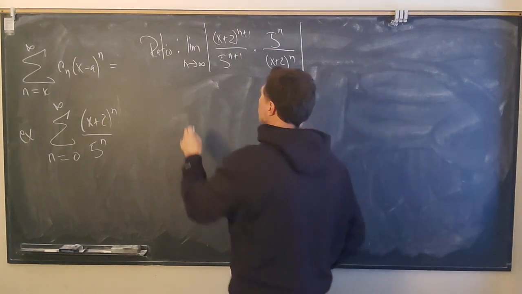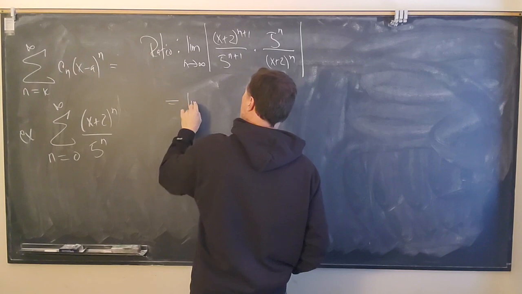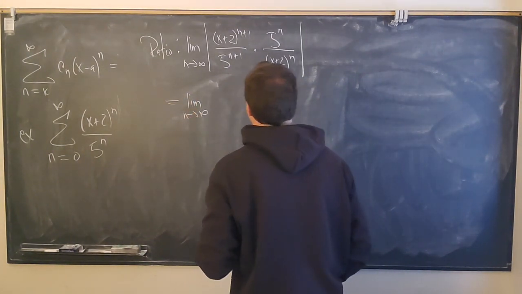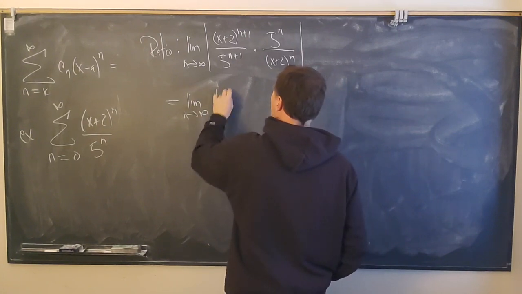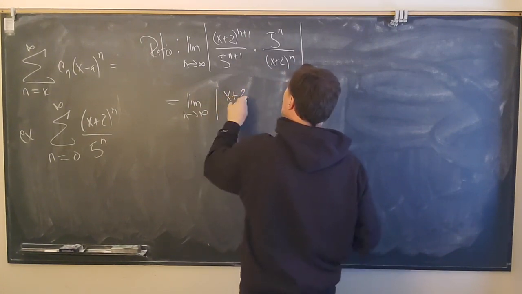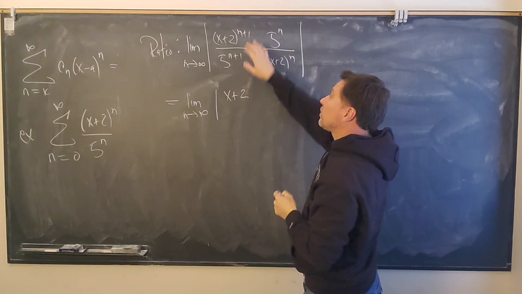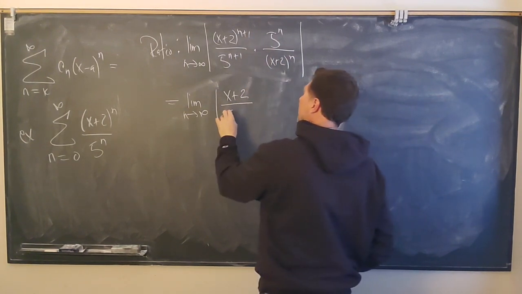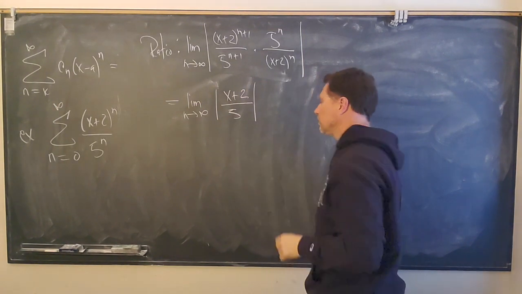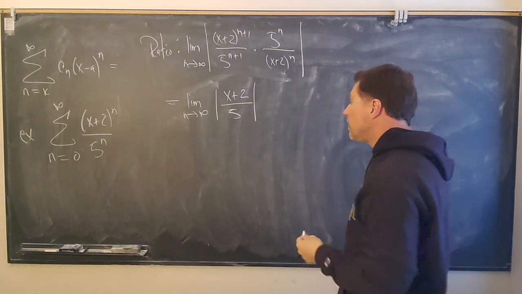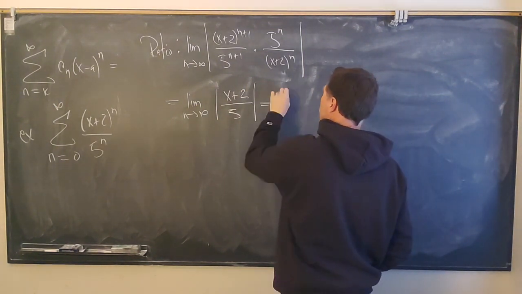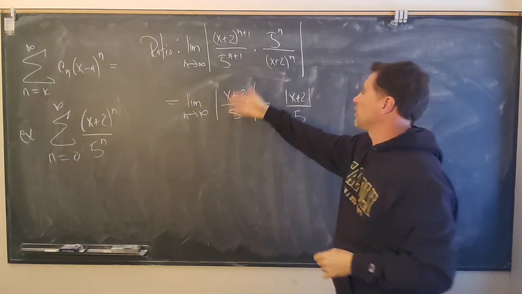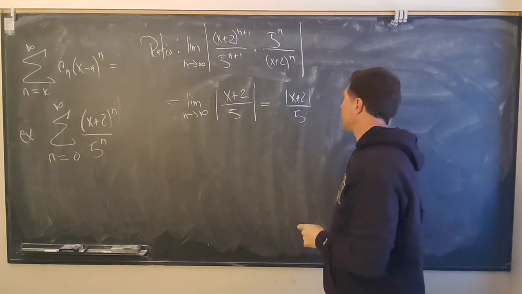And then we can cancel. So this will be the limit as n goes to infinity. The x plus 2's cancel and leave us with 1 in the numerator, and then the 5's cancel to leave us with 1 in the denominator. This limit is equal to the absolute value of x plus 2 over 5. Once we canceled, there was no n left in the expression.